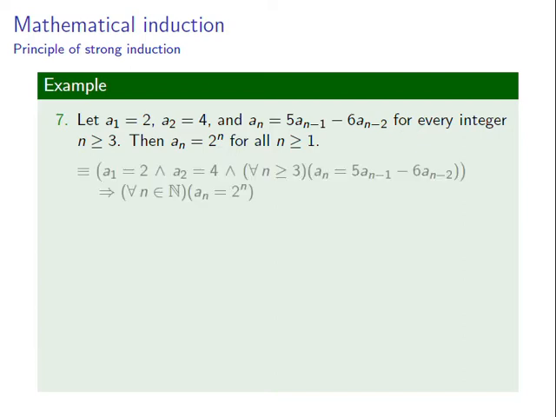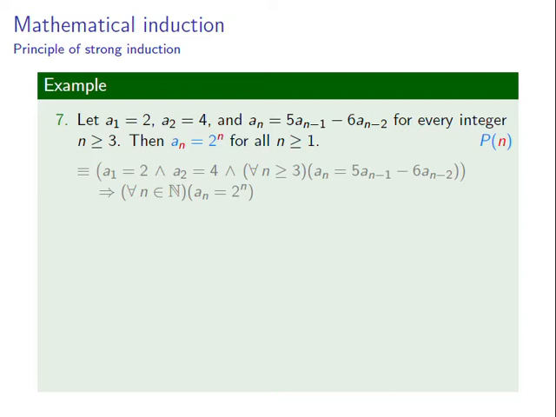This is the claim in symbols. It is a conditional statement whose antecedent is the description of the terms an, and whose consequent is the statement an is equal to 2 raised to n for every natural number n greater than or equal to 1.